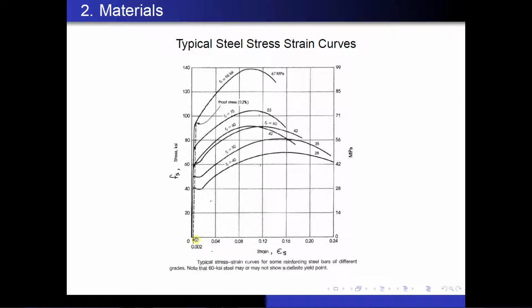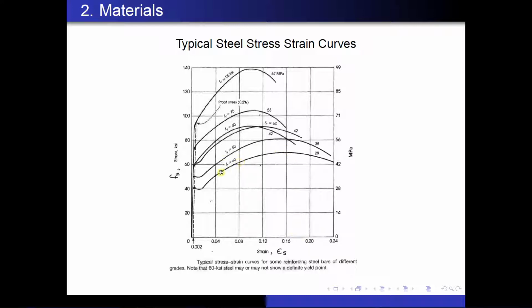The concrete stress strain curves would probably only be going up to this distance right here. So it has dramatically less ductility than the steel. These strains over here are much bigger than 0.003, which we saw was around the ultimate strain for concrete.